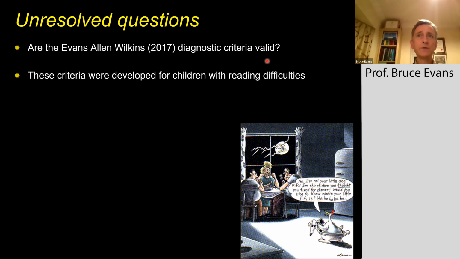These criteria were developed for children with reading difficulties because in the UK, the most common use of precision tinted lenses is for children with the symptoms of visual stress who have reading difficulties like dyslexia.